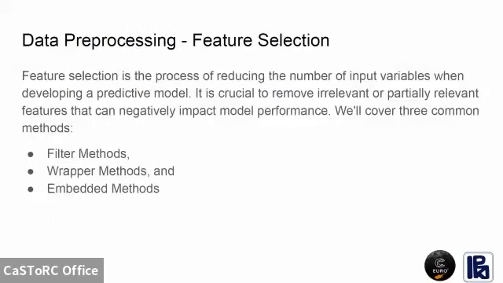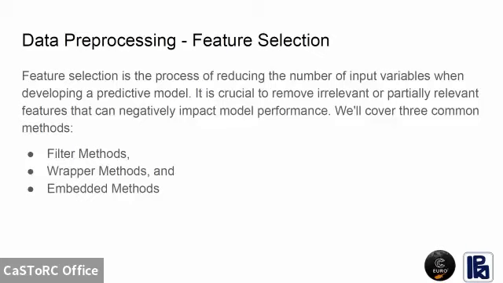Okay, so until now we covered how you can clean the data, how you can filter the data, and how you can encode the data in order to be able to use a machine learning model. Then we're going to decide if every feature in your data is important for what you are trying to do. So feature selection is the next step of the process, in order to reduce the number of input variables used in the predictive model.